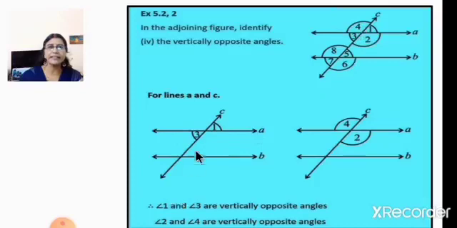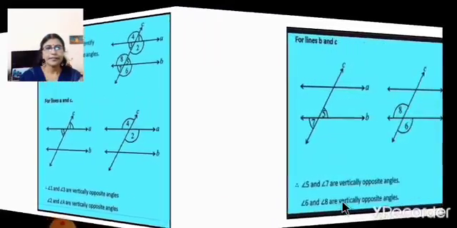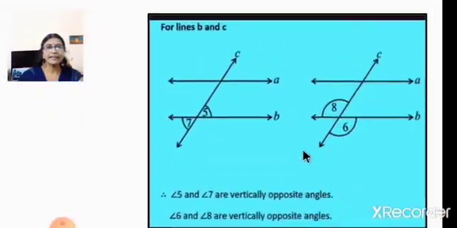So it's written here, angle 1 and angle 3 are vertically opposite angles, angle 2 and angle 4 are vertically opposite angles. Similarly, we will take line B and transversal C. For lines B and C, angle 5 and angle 7 are vertically opposite angles. Similarly, angle 6 and angle 8 are vertically opposite angles.